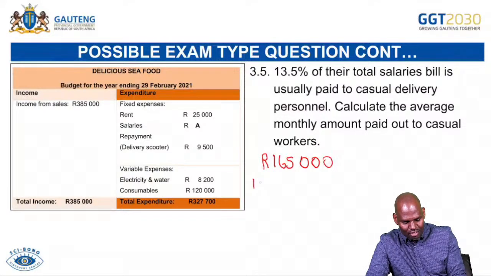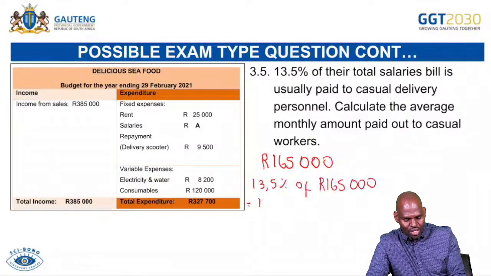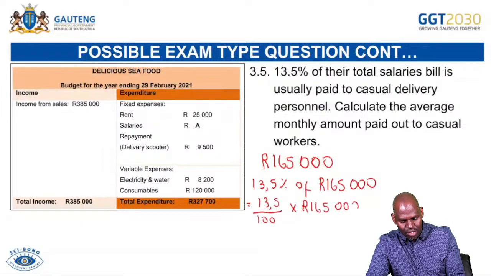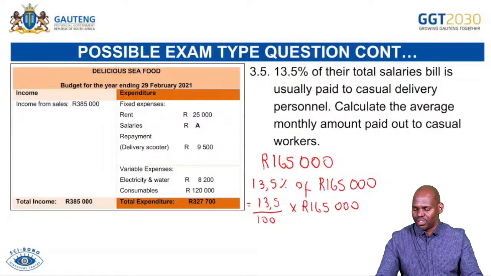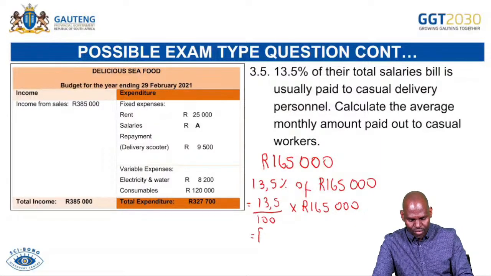So if I calculate 13.5% of 165,000, this is the same as 13.5 over 100, then multiply by 165,000. So 13.5 divided by 100, and then multiply by 165,000, I'm getting 22,275.